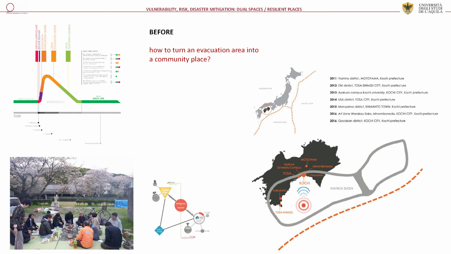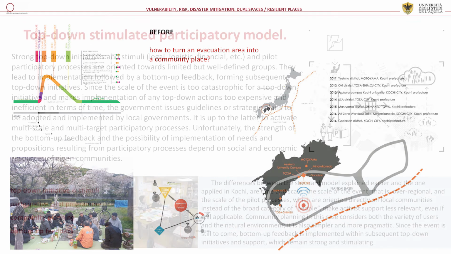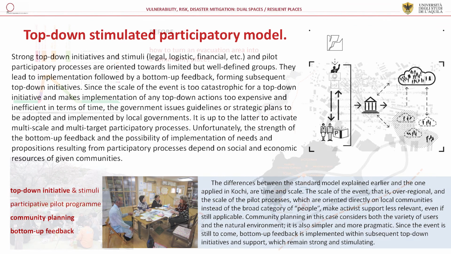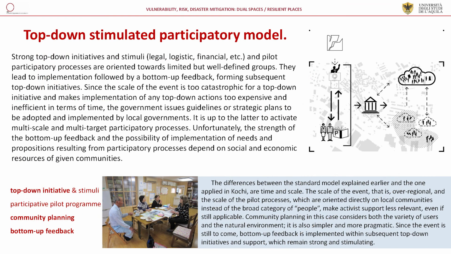So that was the main aim, and this is a sort of top-down stimulated participatory model. That means the community is aware, but they do not know how, because they are few. We are in an aging society. We are in an area that is suffering from migration from rural areas or small centers to big areas and so on.